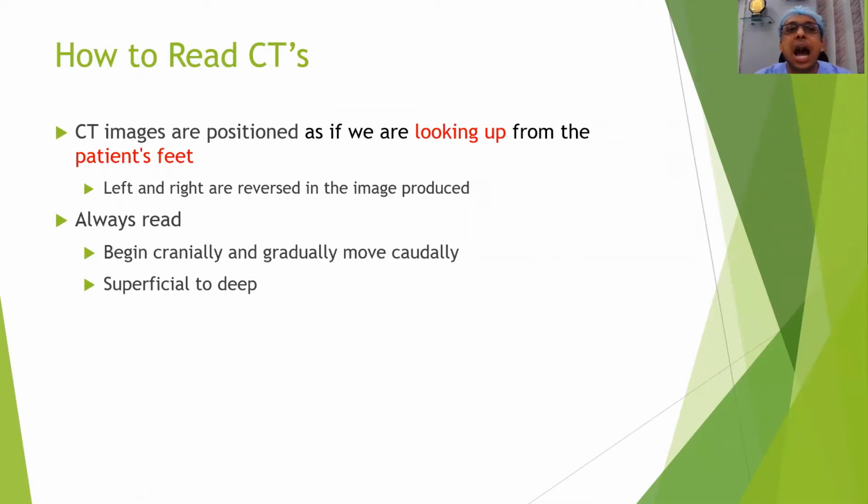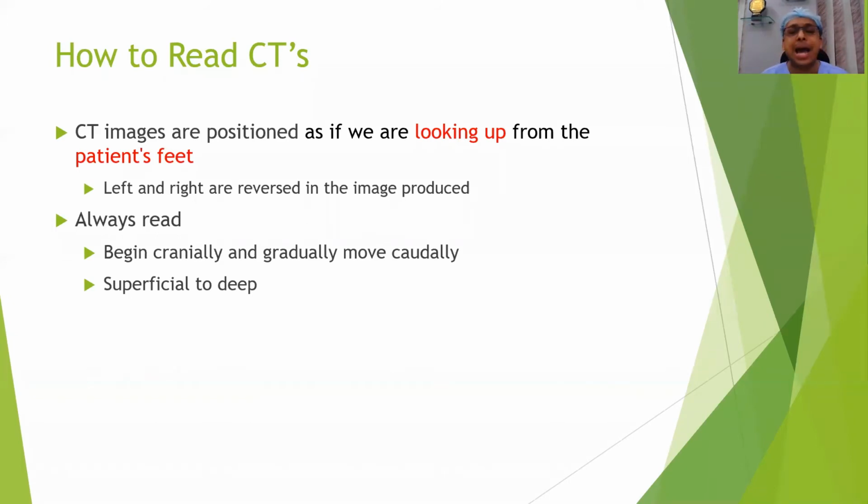CT scans are positioned the same as MR, in the supine position. When you are looking at a scan, especially the axial one, you are thinking the patient's foot is towards you and the head is farthest from you. I'll repeat so that you can visualize in your brain.